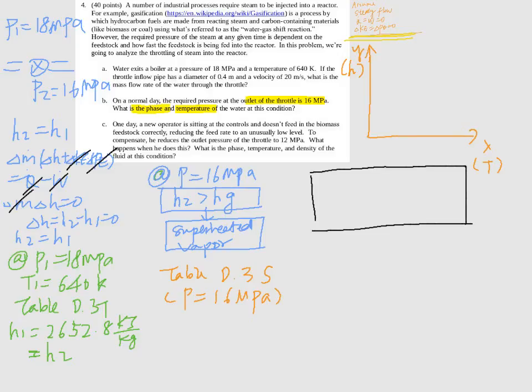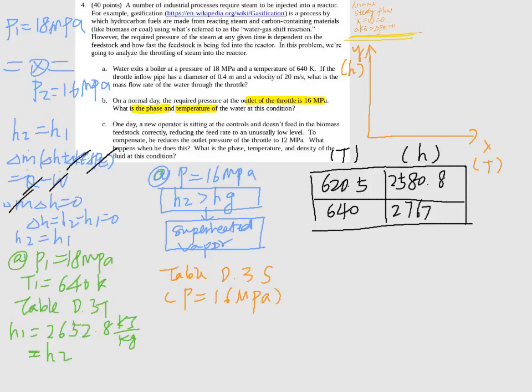This is T and this is H, okay? I'm just going to look at the first two lines because our H2 value is sitting right in between these two values. So we have 620.5 and 640 for T, and for H we have 2580.8 and 2767.2.